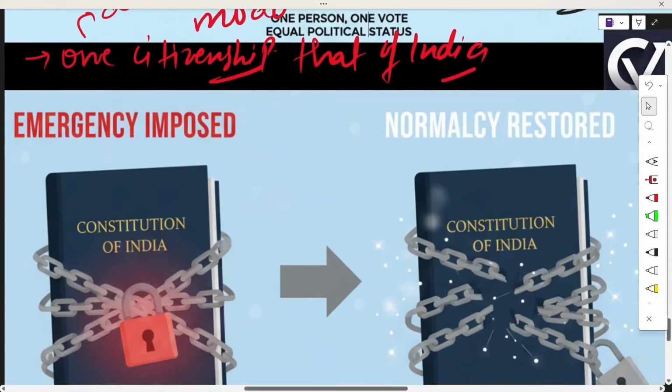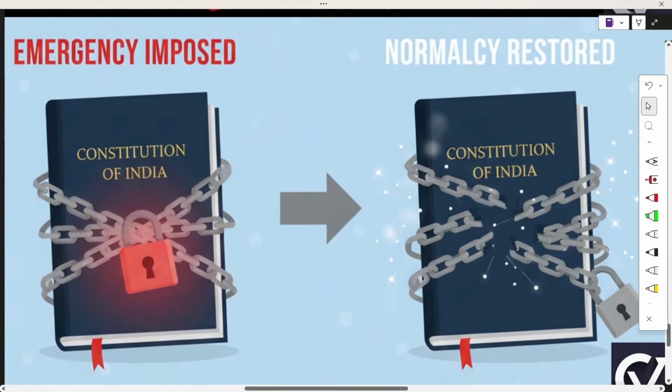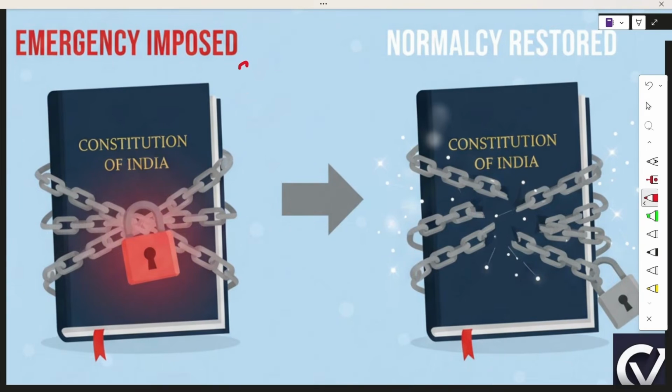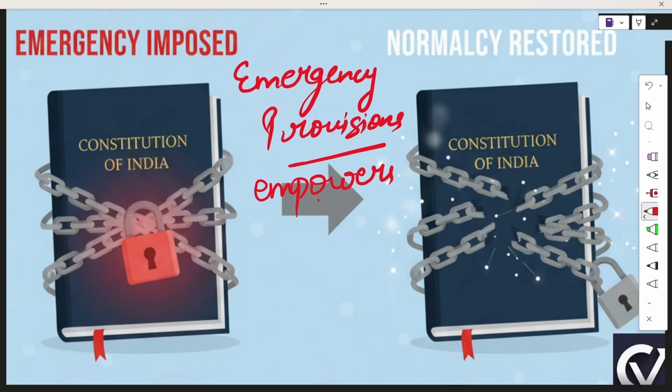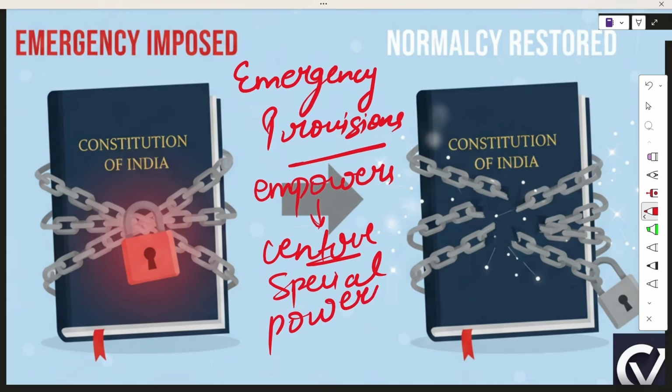Now let's talk about the second last salient feature of India's constitution, and that is emergency provisions. The constitution empowers the center to assume special powers during extraordinary situations.